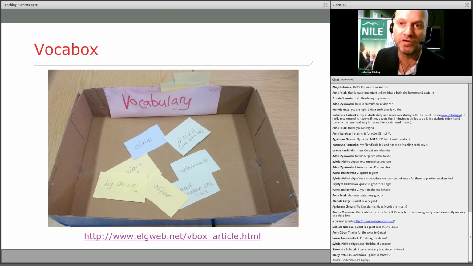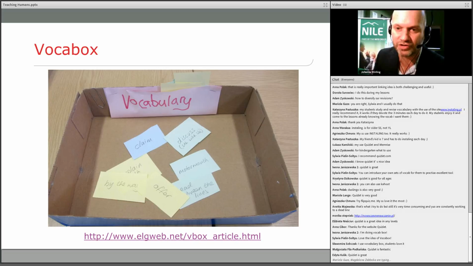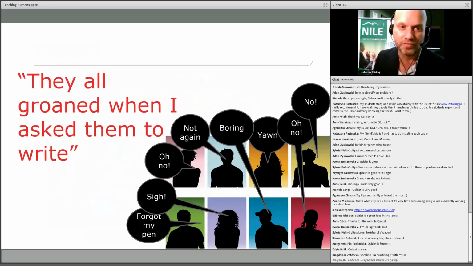And I would argue that tools like Quizlet, tools like flashcards, really work when the students can adapt those cards, can personalize them for their own purposes, to help them to connect to their existing knowledge, to what they already know, right?